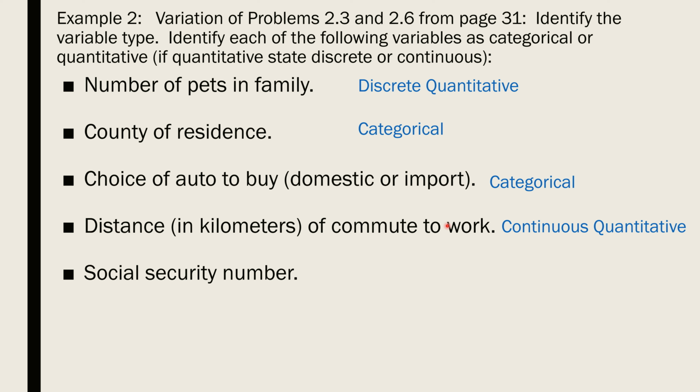Social Security number. It is a categorical variable, even though a Social Security number contains numbers. If you take the average of Social Security numbers, it doesn't mean anything, so it should be a categorical variable.